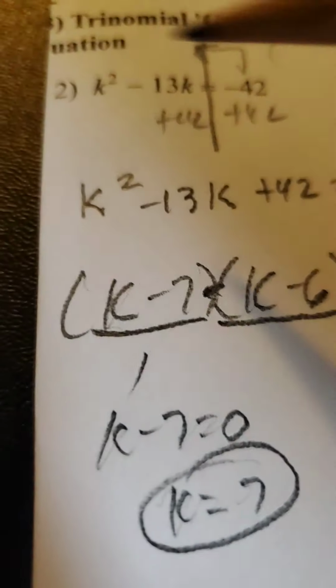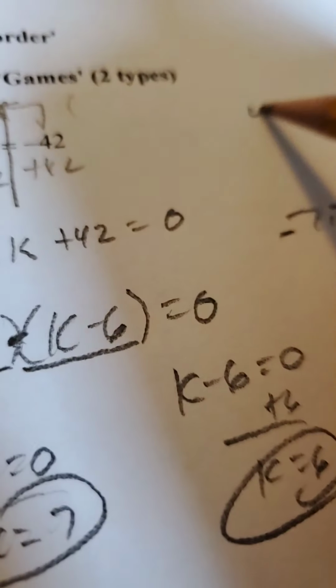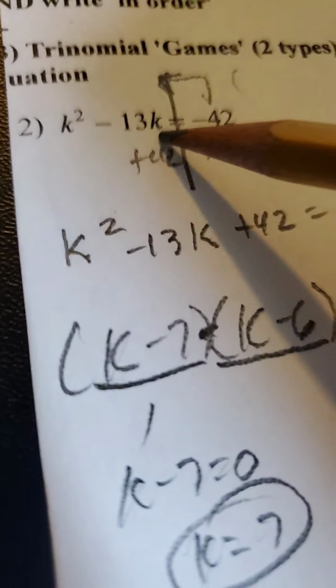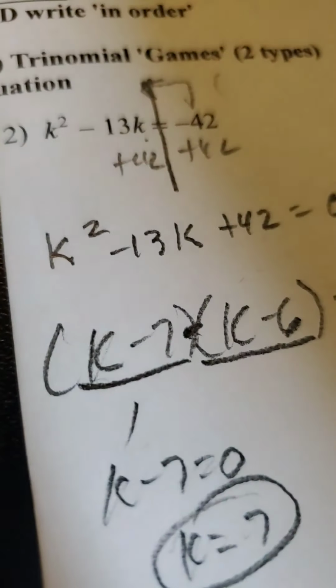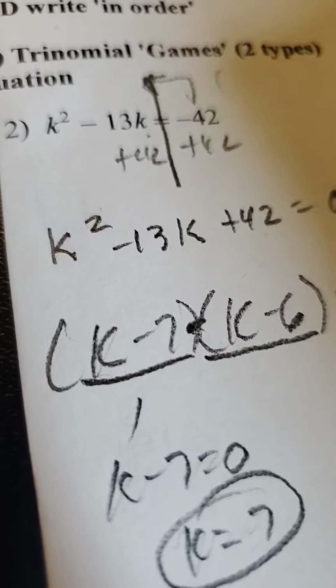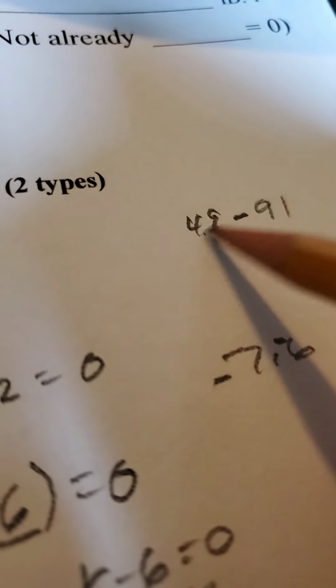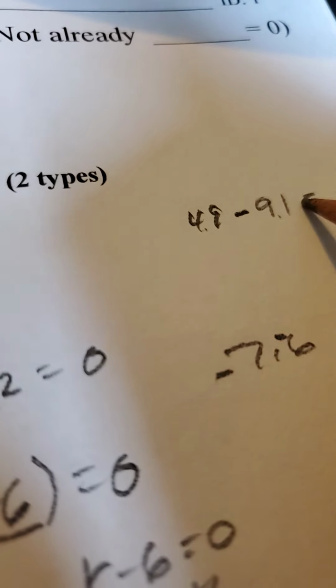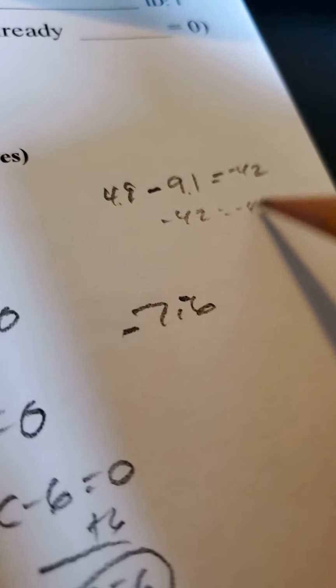I could put a positive 7 right there, which gives me 49. I could put a positive 7 right there, which gives me negative, I believe that's 91. And when I take a positive 49 and negative 91, I do come up with negative 42.